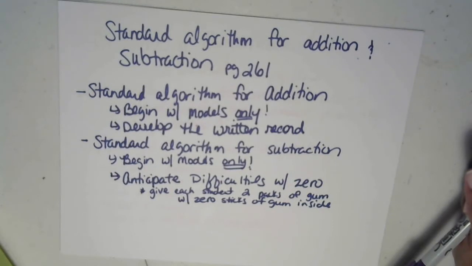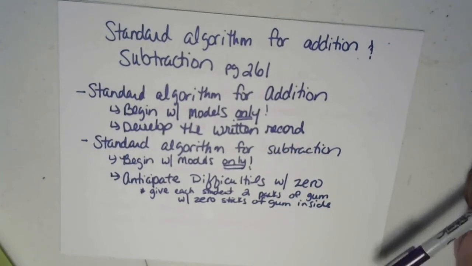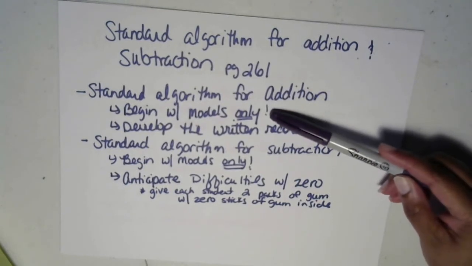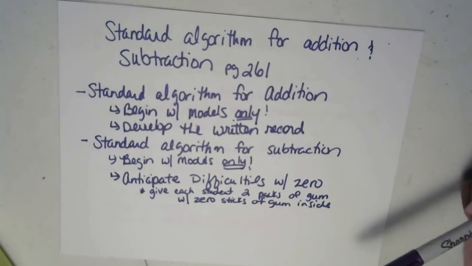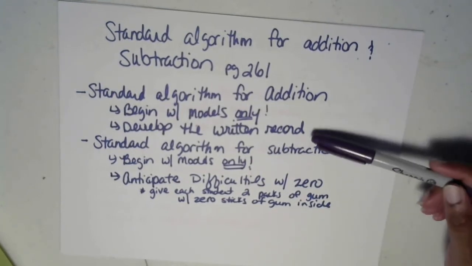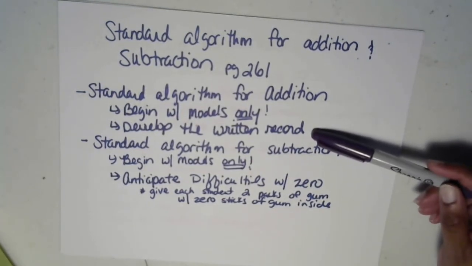And those are denominations that they know. They know a dollar bill. They know a $10 bill. They know a $100 bill. They know a dime. And they know pennies. And so you want to model first, and then you want to make sure that they develop a written record. And through this written record is where you can introduce the algorithm.